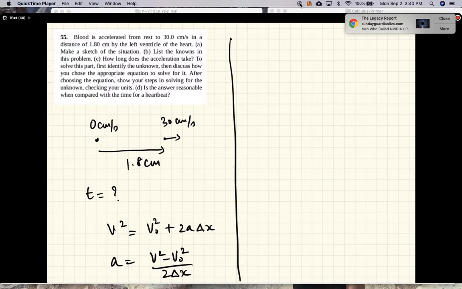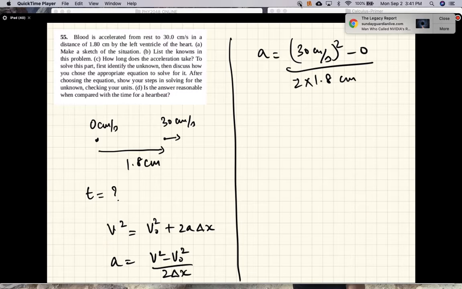The initial velocity is 0, so acceleration is 30 centimeters per second squared minus 0 divided by 2 times 1.8 centimeters.